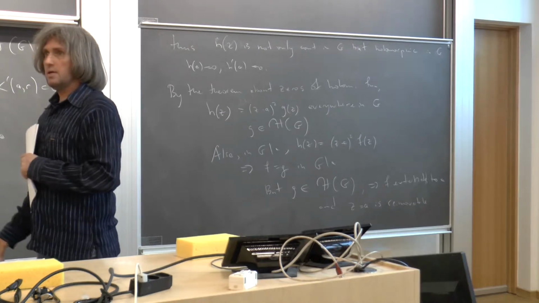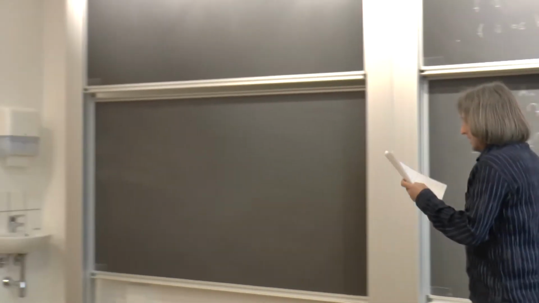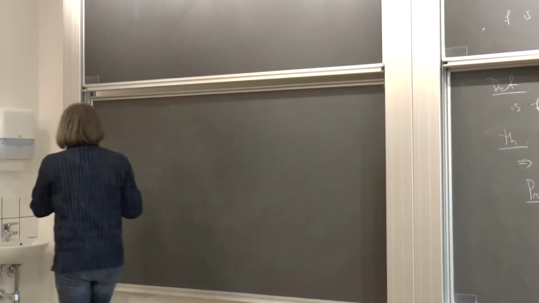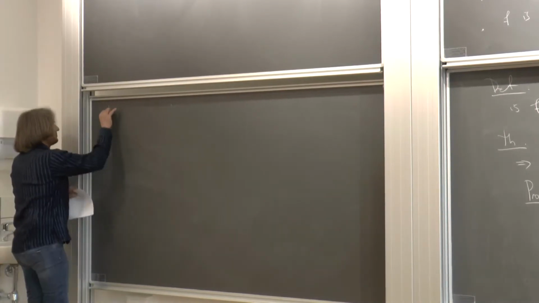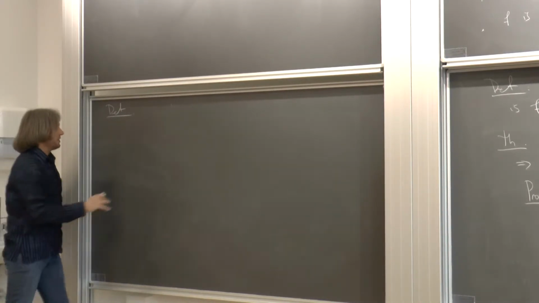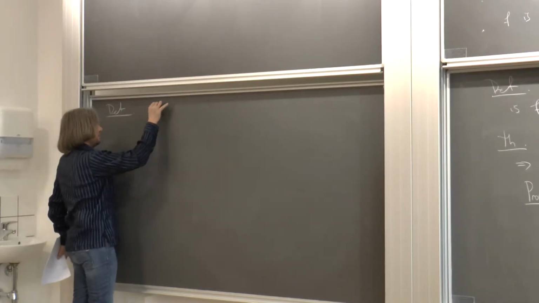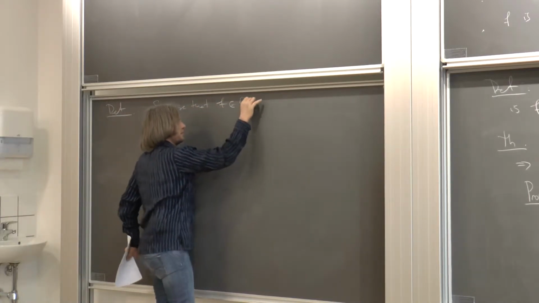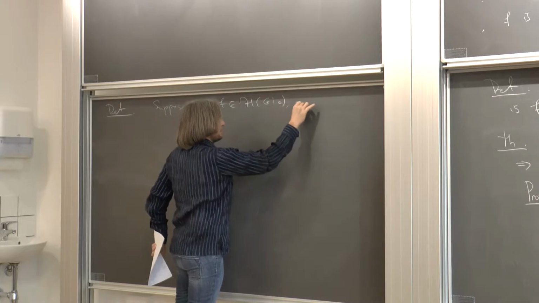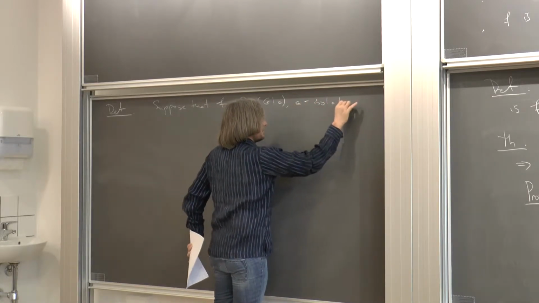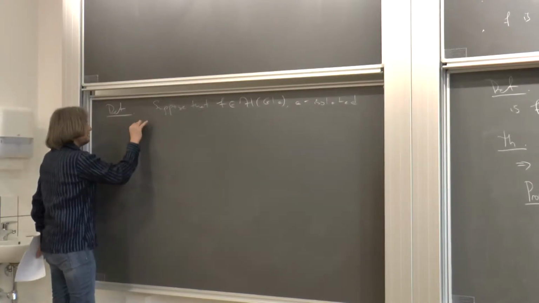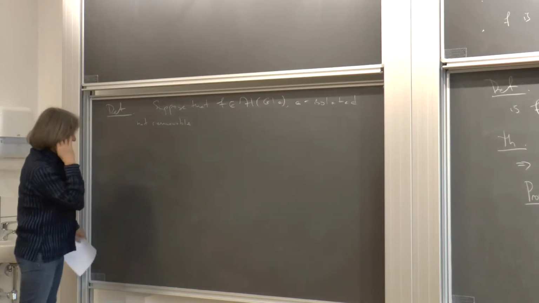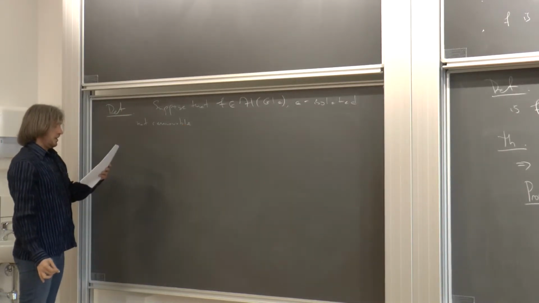So actually, this leads to another level of classification. Definition. Suppose that f is holomorphic in G minus a, and the singularity at a is isolated, not removable. Then there's further classification.